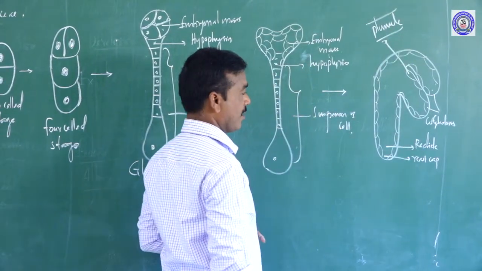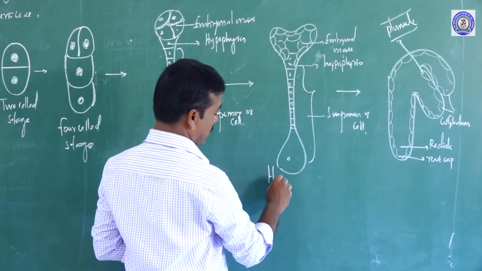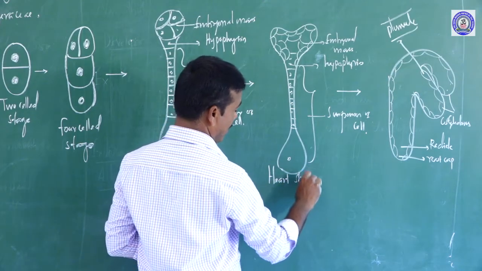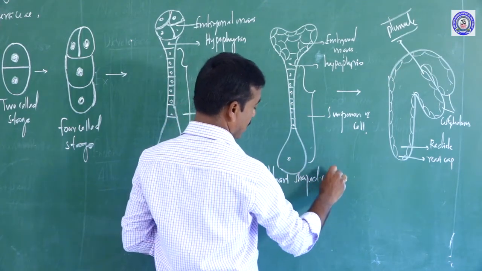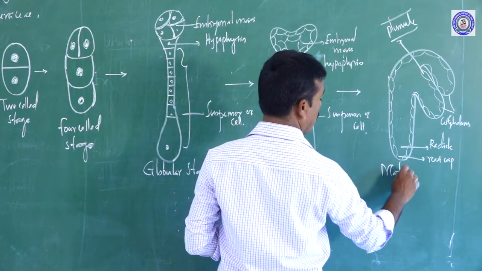These are the regions that occur. This is the heart-shaped structure or heart-shaped cell. This is nothing but the mature embryo.